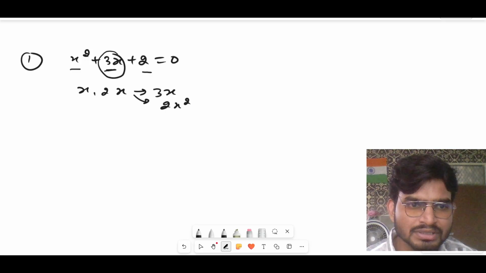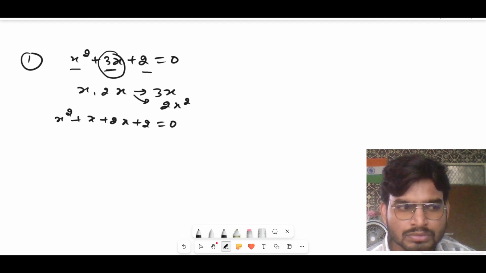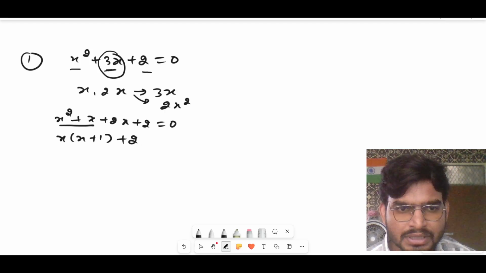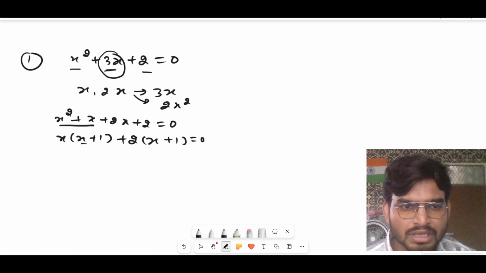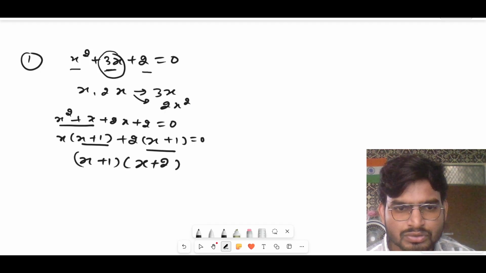So we can write x square plus x plus 2x plus 2 equals 0. Taking x common, x into x plus 1, plus if we take 2 common, 2 into x plus 1 equals 0. Here also we can take x plus 1 common, then x plus 1 and x plus 2 equals 0.